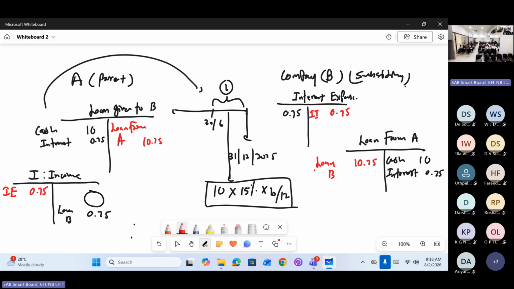You can see this interest income entry happened in the parent entity's books, right?